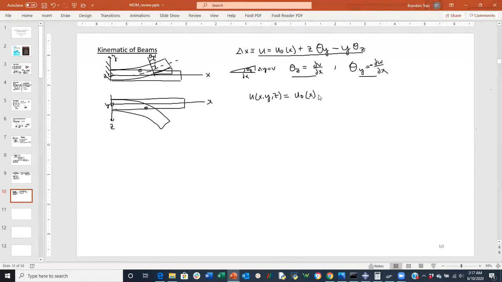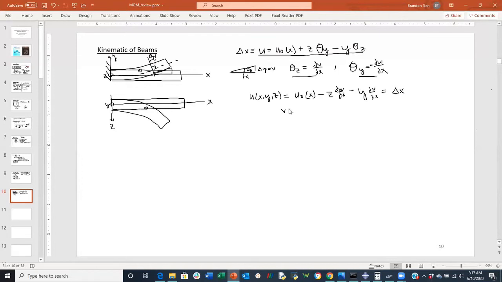The midplane displacement minus z dw dx, minus y displacement in the y direction with respect to x, okay? So that's our equivalent of the elongation of the beam normally.